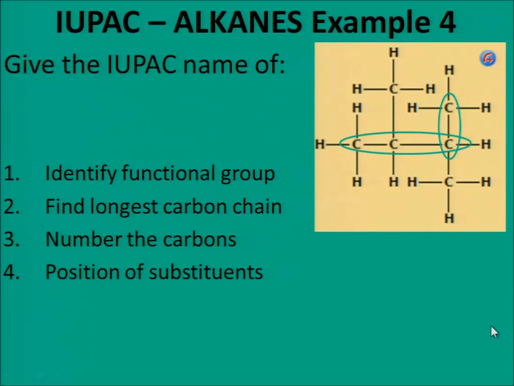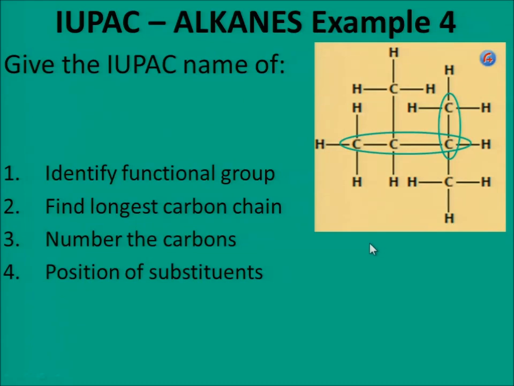Example 4. Give the IUPAC name of this molecule here. Your steps are: identify the functional group. Here there are only single bonds, so it is an alkane. Find the longest carbon chain. Here it goes: carbon, carbon, carbon, carbon. Therefore, this CH3 here and this CH3 here are branches.